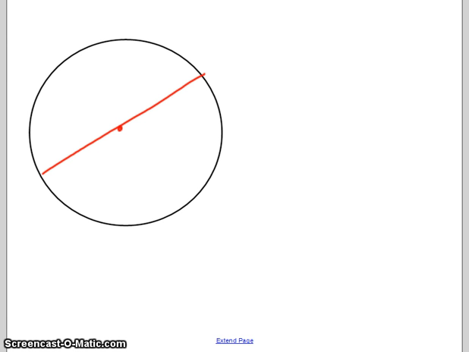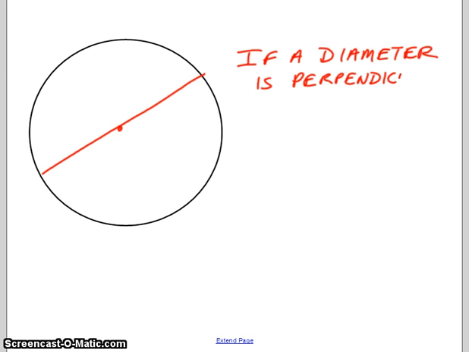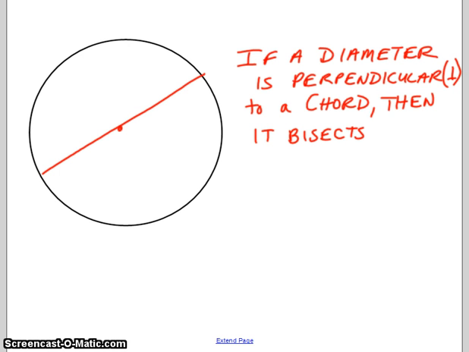If a diameter is perpendicular to a chord, alright, and here's the symbol for perpendicular, the upside down T. Then it bisects the chord and its arc. Alright, so both the arc and the chord get bisected.